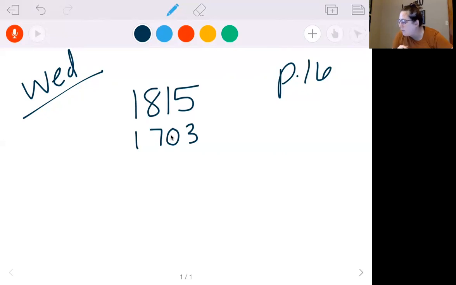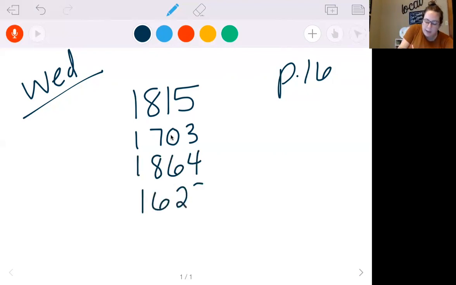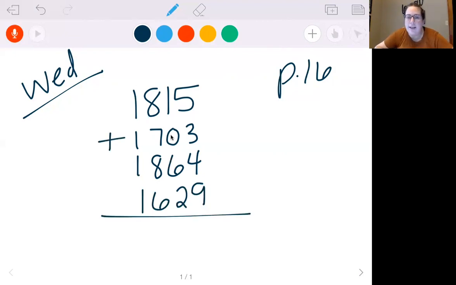Saturday at 8, we have 1,864. And on Sunday at 2, we have 1,629. So that keyword in all tells us we need to add. This should be something that you know how to do already. You just need to make sure your numbers are lined up correctly.